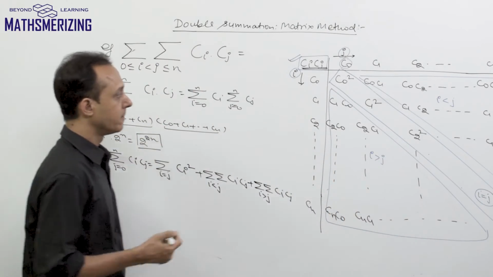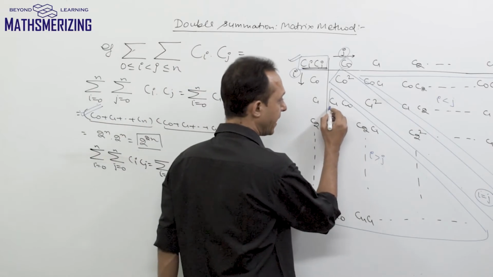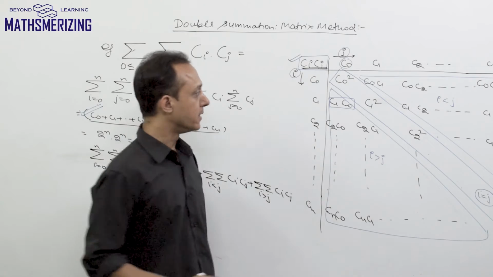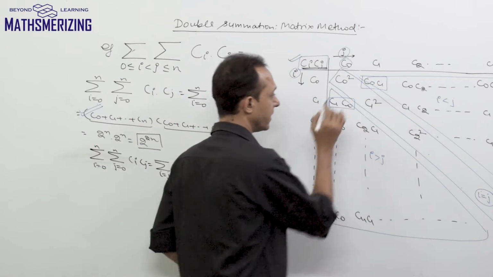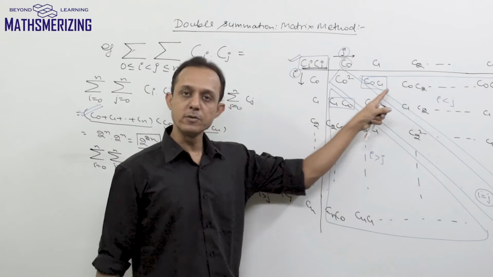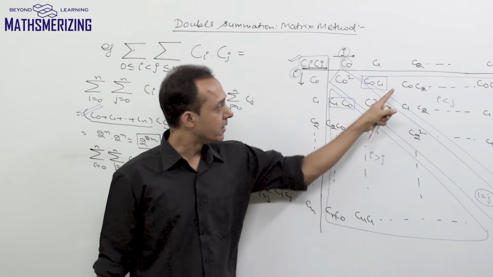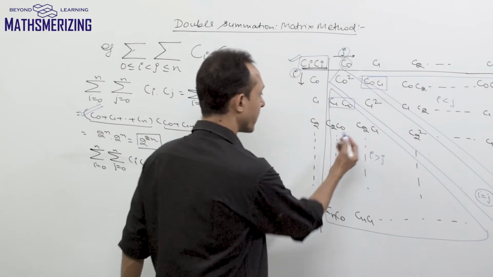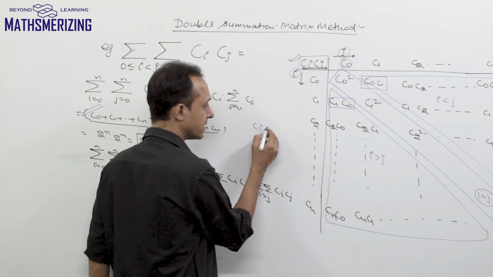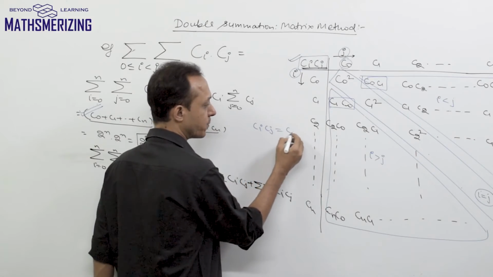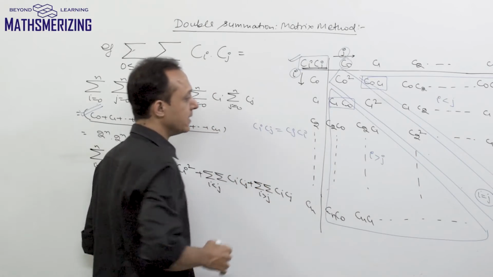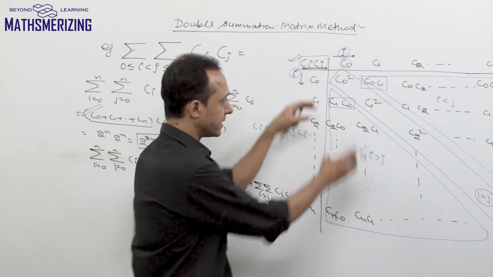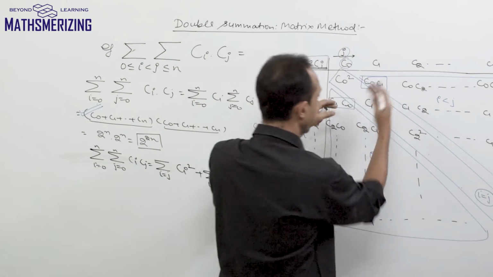Now we know that for any term in the lower triangle, there is a corresponding term in the upper triangle. So here it is C1 C0, it is C0 C1. Here it is C2 C0. Here it is C0 C2. C2 C1. Here will be C1 C2. So for any term in the lower triangle, which is Ci into Cj, we have a corresponding term in the upper triangle, Cj into Ci, and these two terms will be same. So basically all the terms across this diagonal are symmetric.